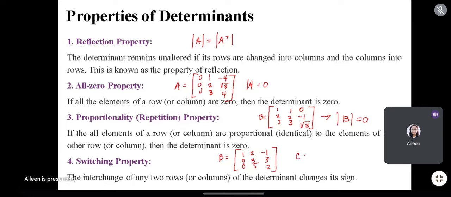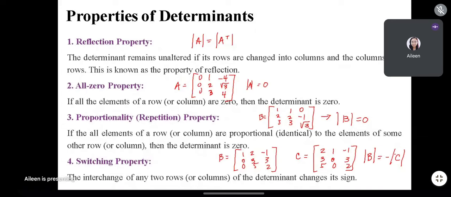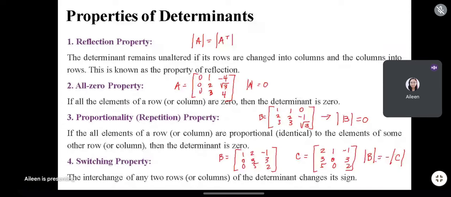Let's say this is matrix C. And then this is 2, 3, 5, and then 1, 0, 0, negative 1, 3, 2. So your determinant of B is equal to the negative of the determinant of your C, kasi nag-interchange kayo ng any row and column.